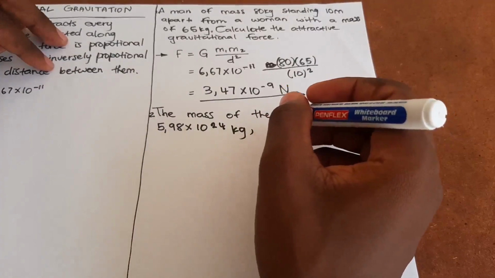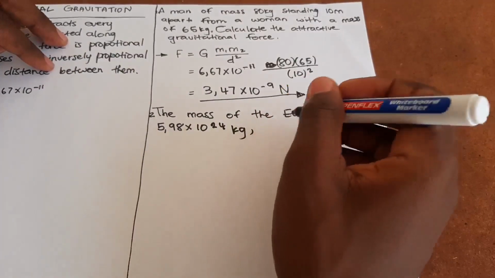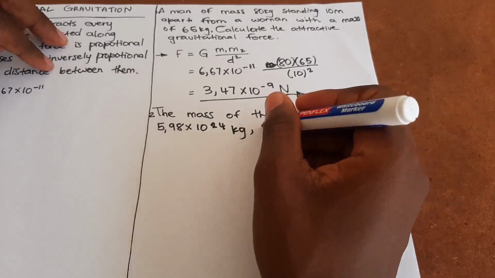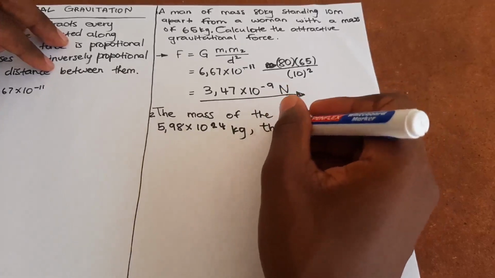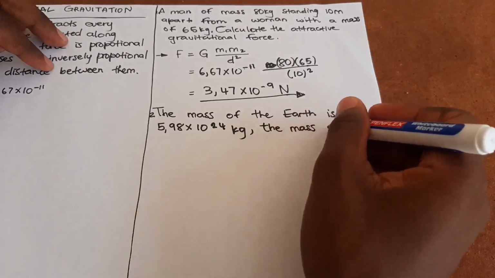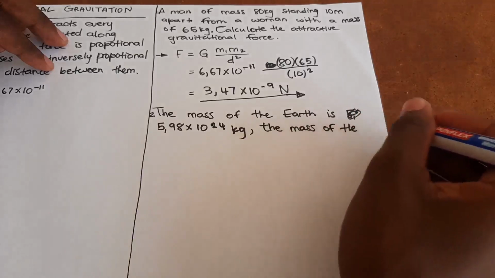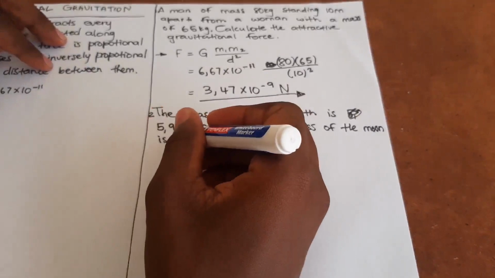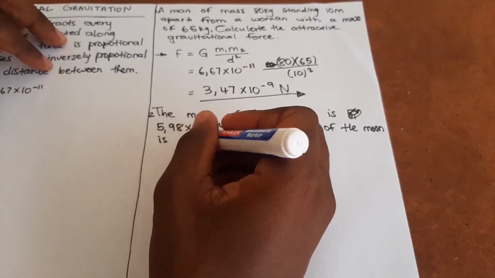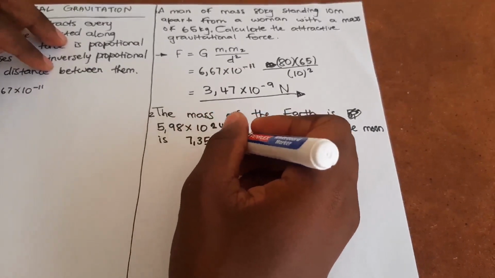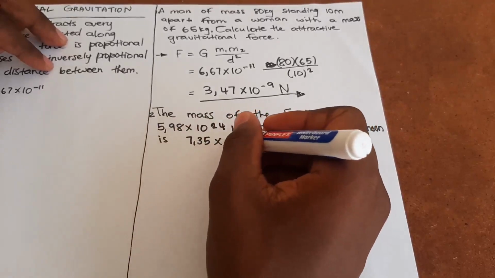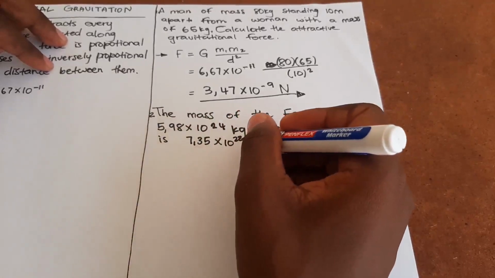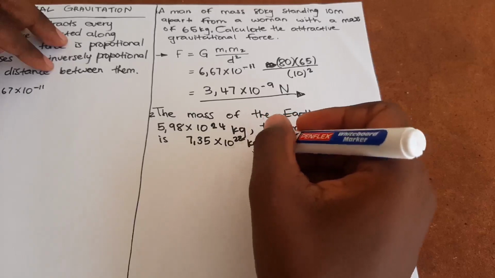The mass of the moon is 7,35 multiplied by 10 to the power of 22 kg.